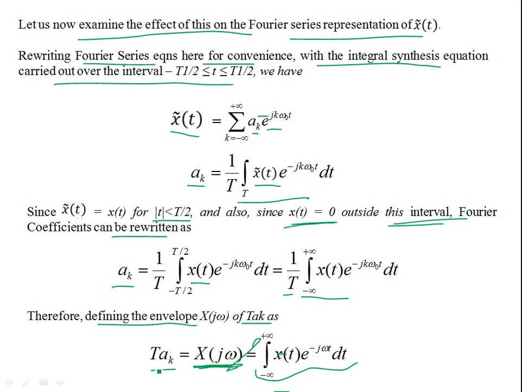So T a_k is basically now the envelope of all the Fourier series coefficients, which are now bunched together, close together, because we are considering x tilde t to be equal to x(t) when x(t) is aperiodic, having infinite time period.